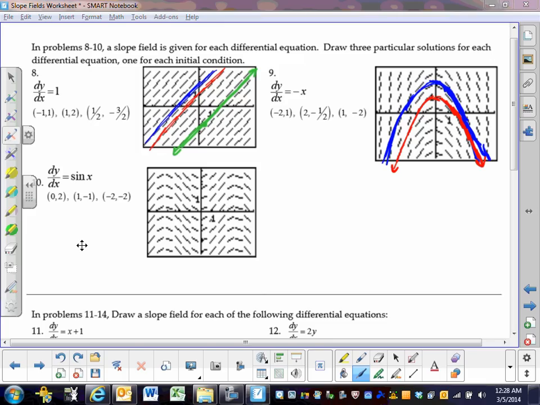And then finally, if we were to do 1, negative 2. So as for the next one, the derivative is sine of x, going through 0, 2.